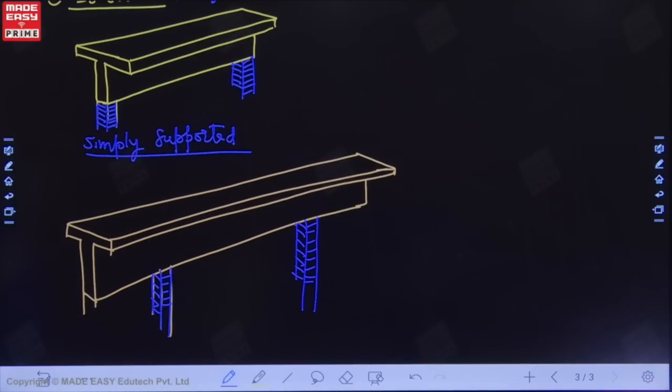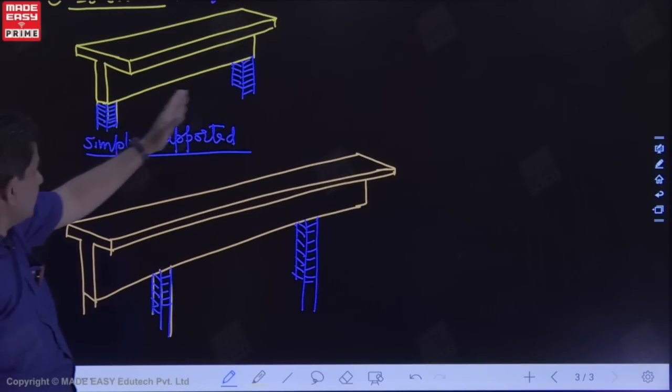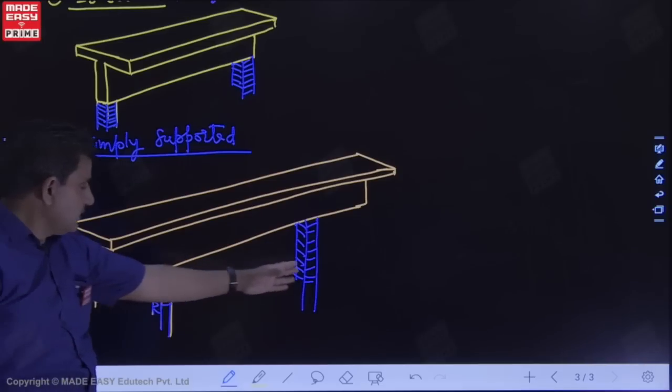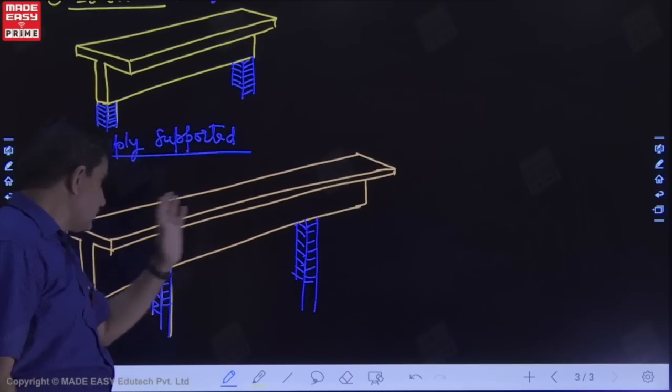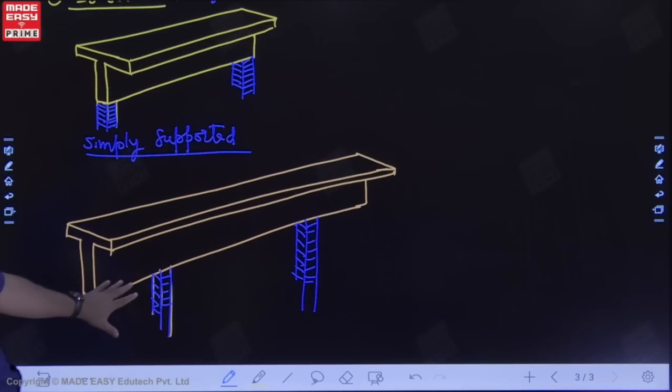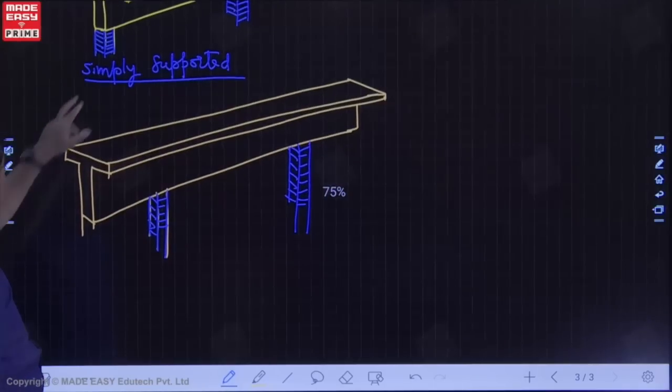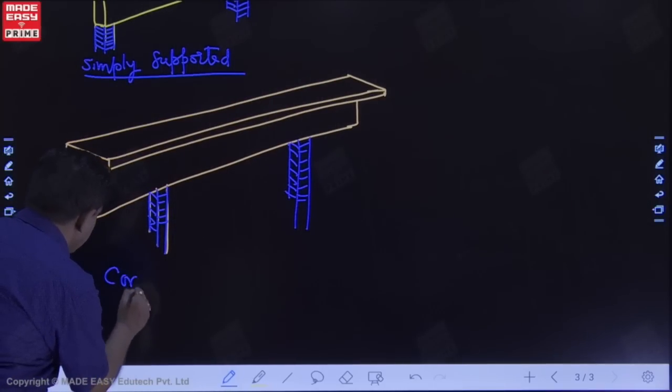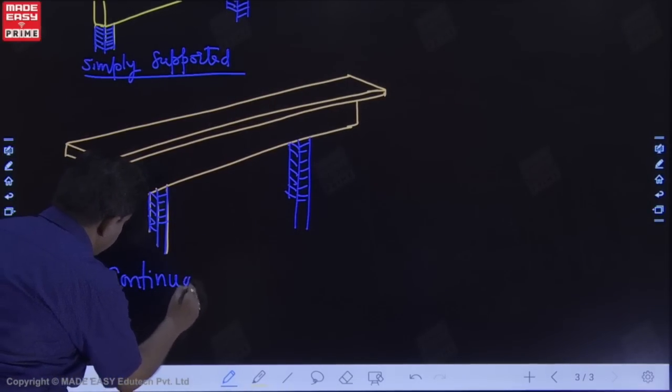Are you getting the difference? Here supports are at the ends, here supports are in between. So this is called a continuous T-beam, and this is called simply supported.